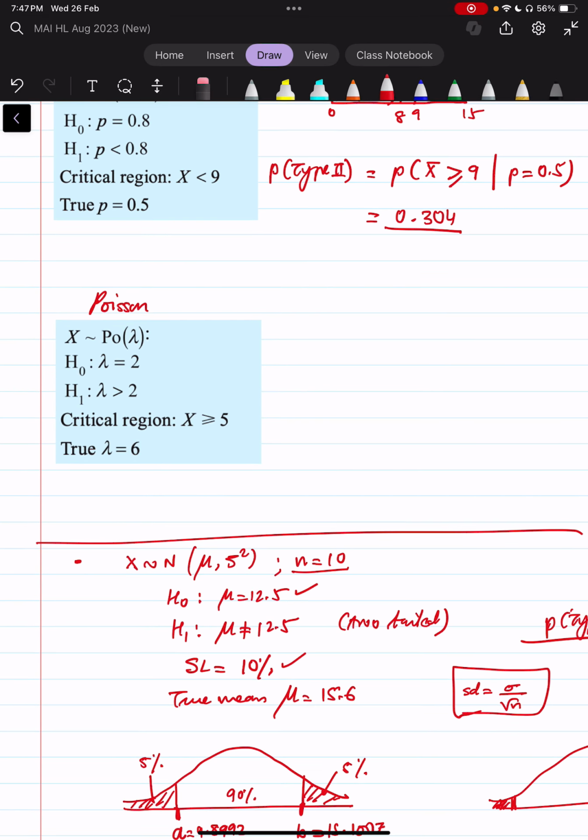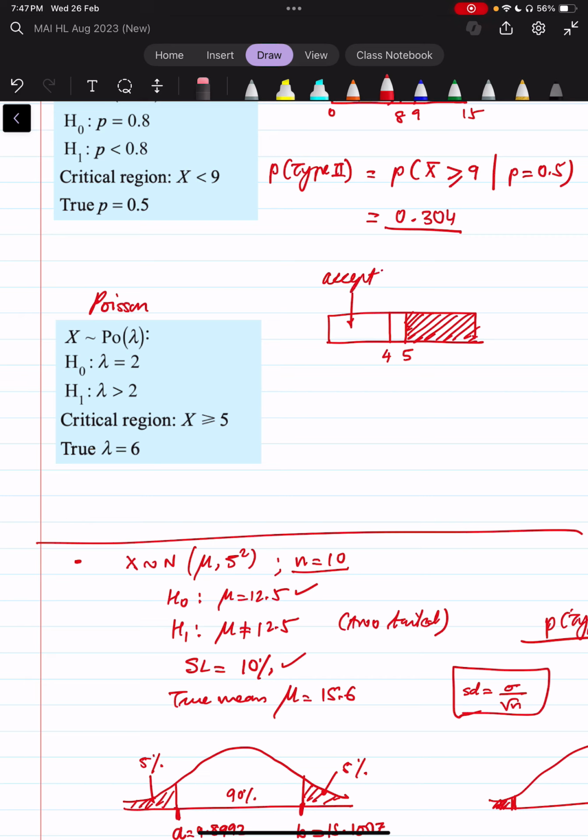Poisson, same way. So you draw a box, correct? So your critical values greater than or equal to 5. So anything greater than or equal to 5, correct? Is your critical value. So that means your acceptance will be less than or equal to 4.